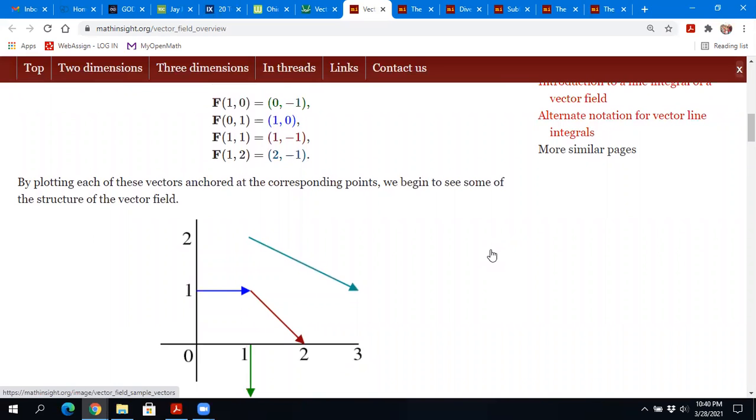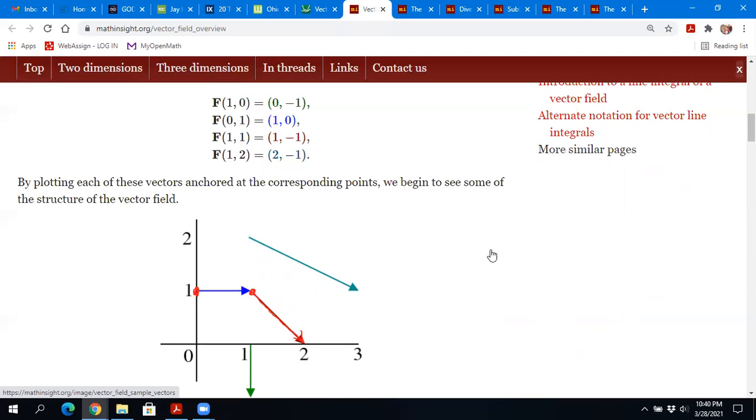F of (0, 1), you flip x and y and negate the x coordinate, but in this case it just remains 0. So F of (0, 1) is this, and they've drawn the vector (1, 0) emanating from that point. Okay, F of (1, 1), you flip and negate the x coordinate, so it's (1, -1), which is this vector right here.